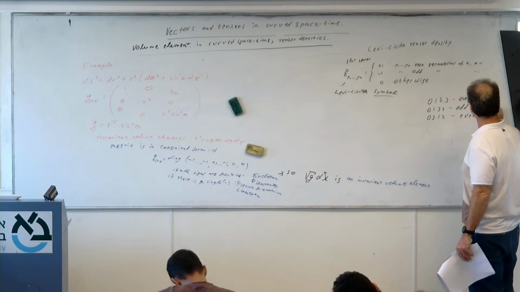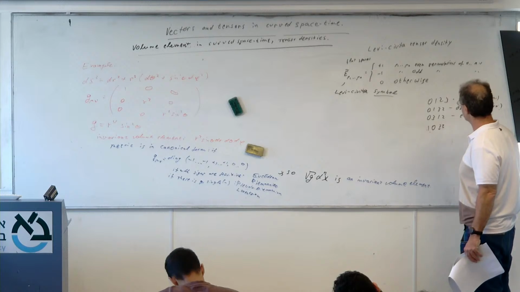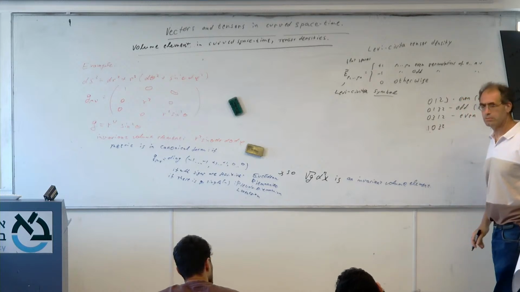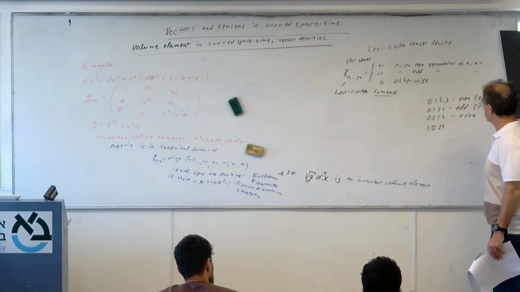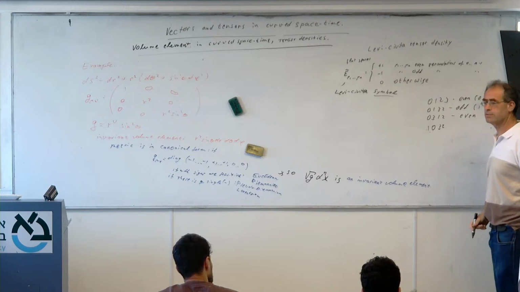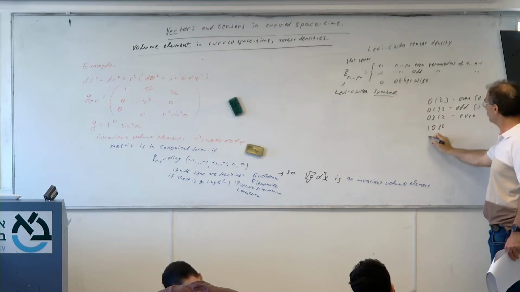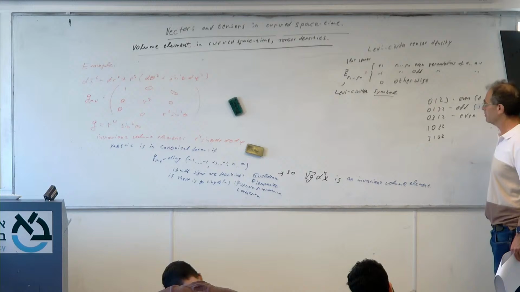1 permutation. What about 1, 0, 3, 2? How many permutations do we have here? 2, right? 1 here, 1 here. So this is an even permutation. What about 3, 1, 0, 2?